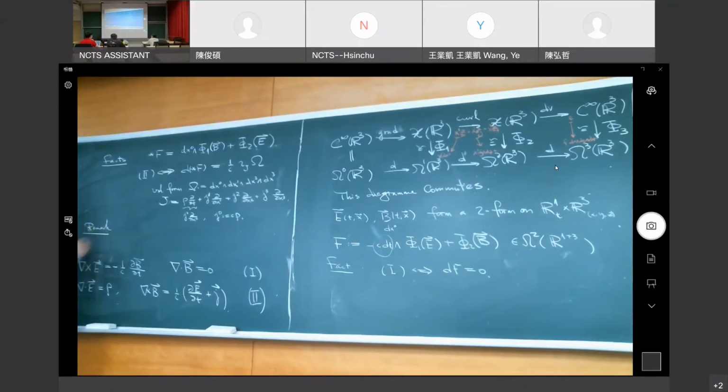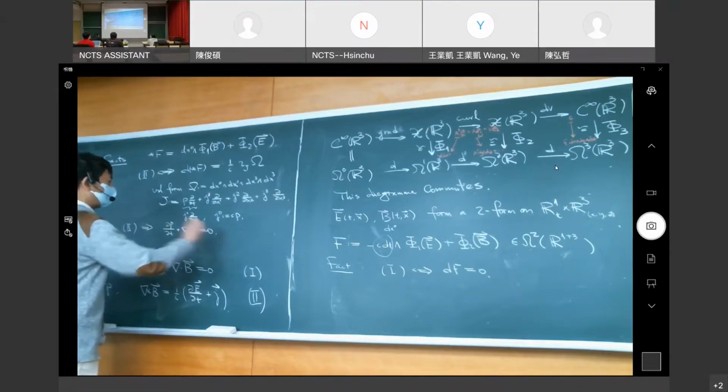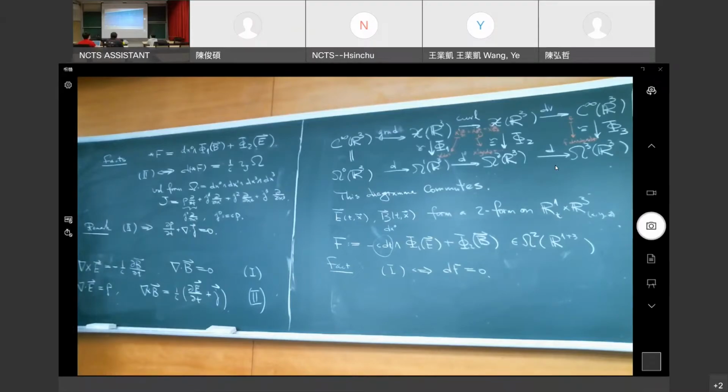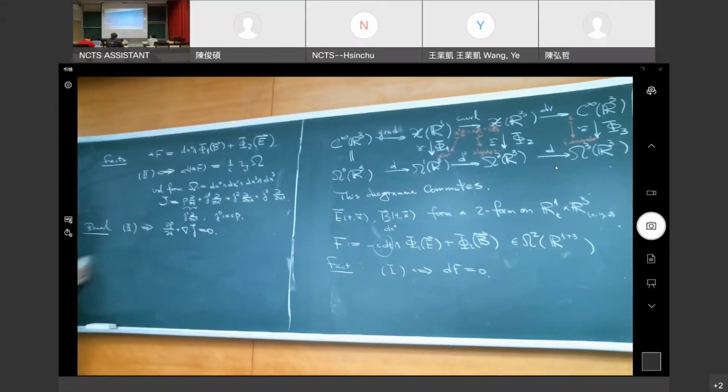Let's make a remark that the second group of Maxwell's equations actually implies the conservation of charges. You can easily see this in the standard language of vector calculus, which you already see in physics. But let's do it in a differential geometric way.